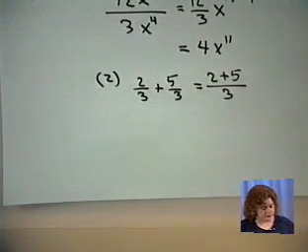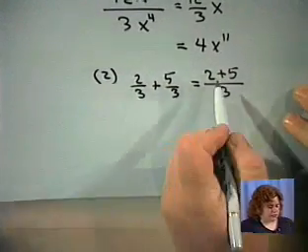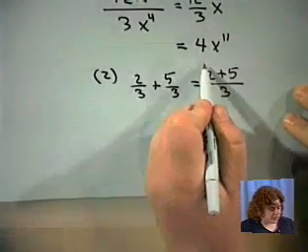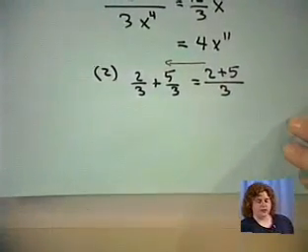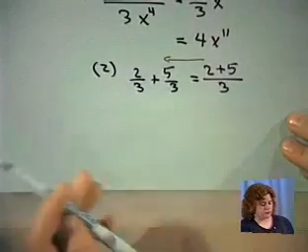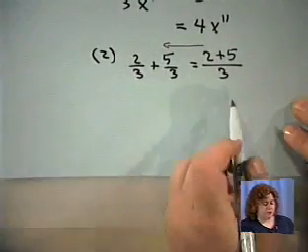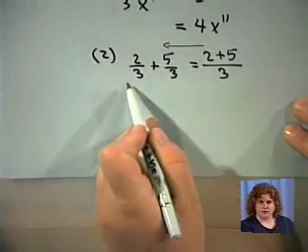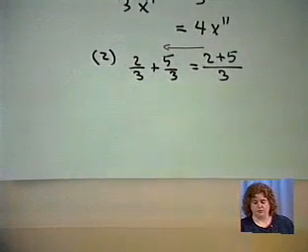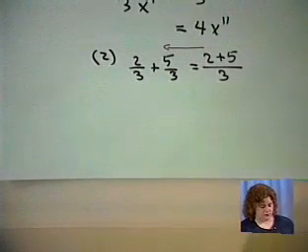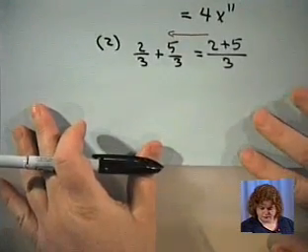What I want you to take out of this is we could just as well go from this side back to the beginning if we started with the 2 plus 5 over 3. And we're going to use that idea of breaking up a fraction when we do division.